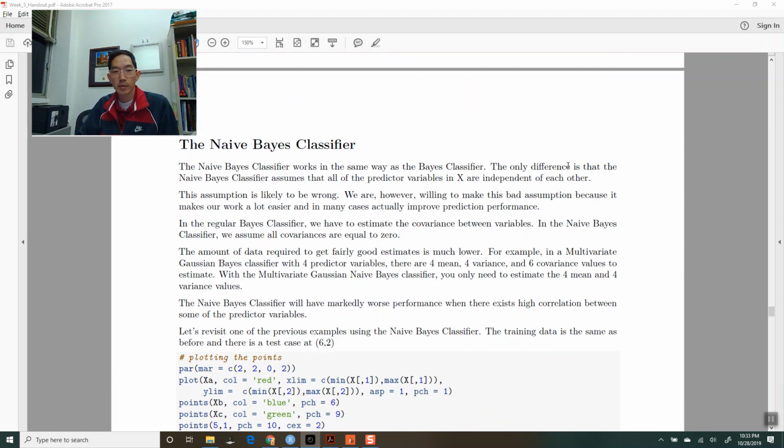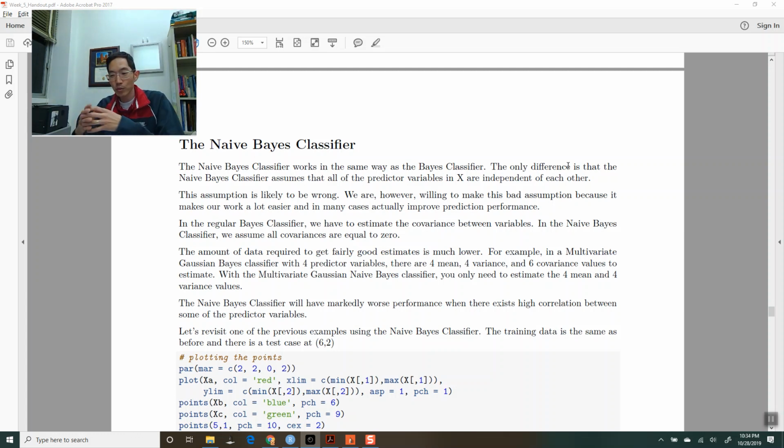All right. So now I'm going to talk about the naive Bayes classifier. The naive Bayes classifier is very, very similar to the Bayes classifier. The big distinction is that the naive Bayes classifier makes what we call the naive assumption.